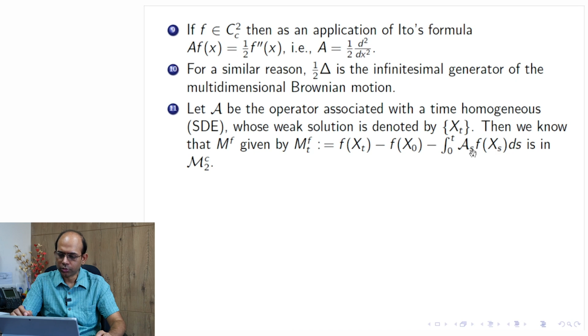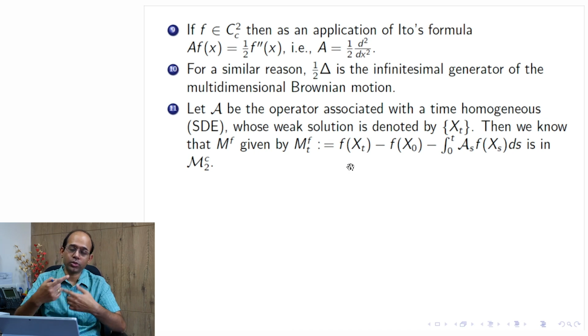So this whole thing as a function of t forms a stochastic process, which we denote by M^f_t, and this stochastic process is a continuous square integrable martingale. This we have seen earlier.